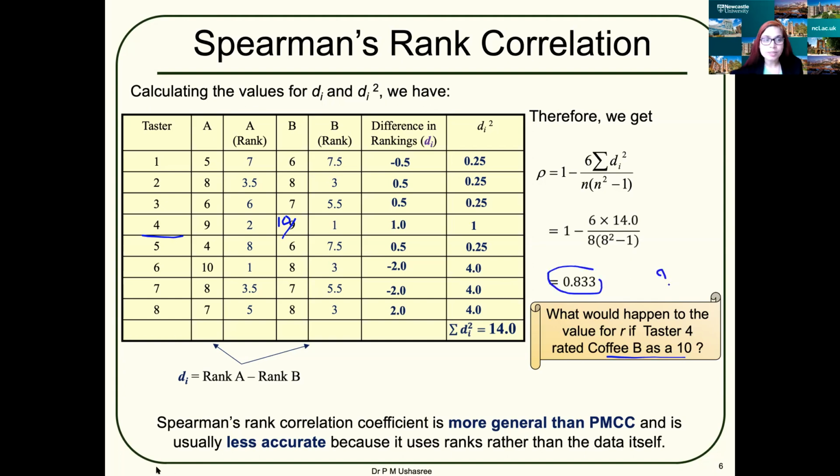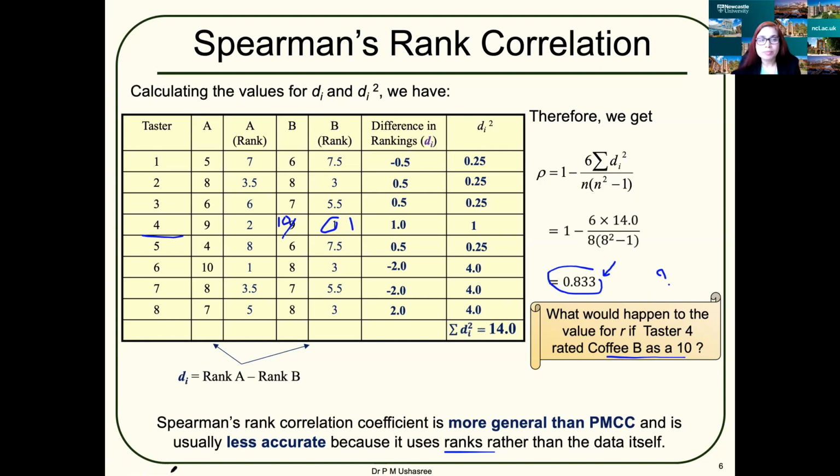Good, there is no change because the rank is still 1. So look at that. Because it depends on the rank, not the data, there is no change in the correlation. So that is why this is less accurate. It's more general than PMCC, isn't it?